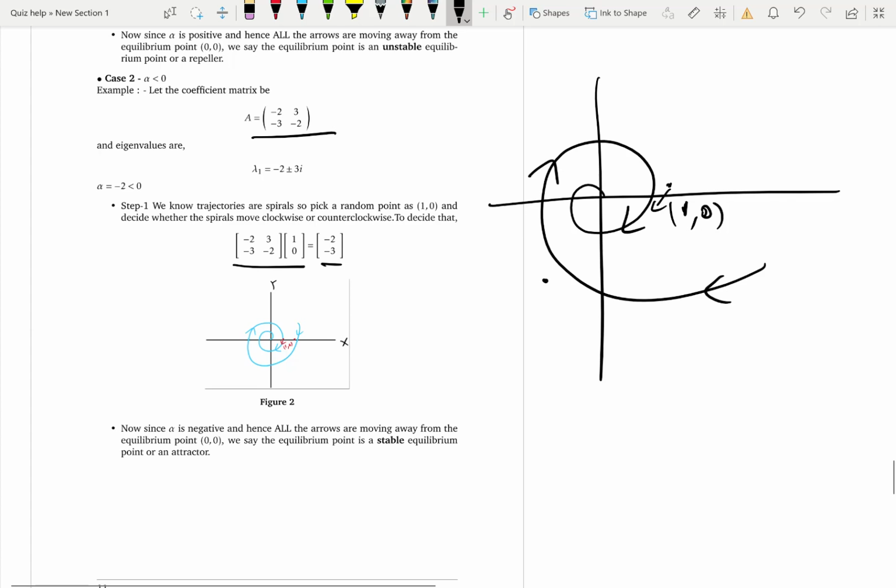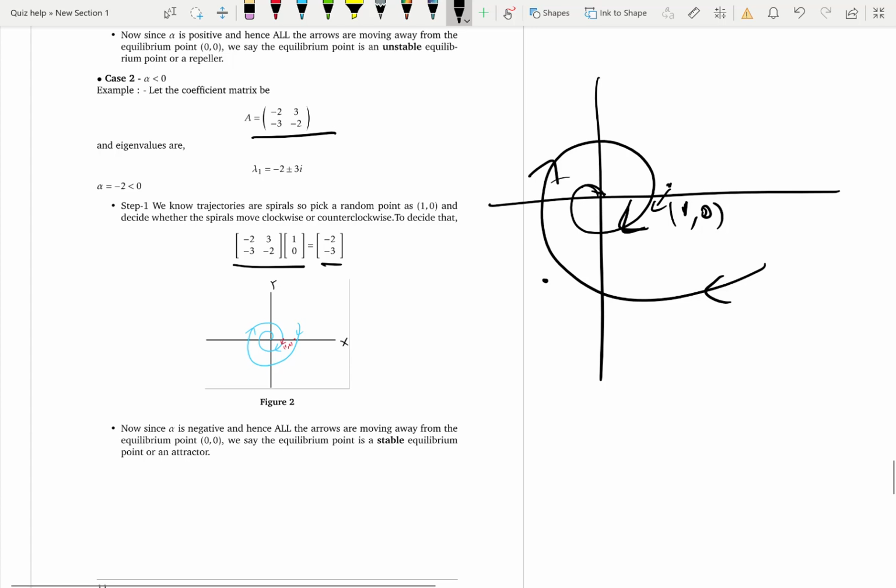The previous picture that I plotted was wrong because it did not approach when you drew clockwise arrows. So here, when you draw clockwise arrows, the special thing about this spiral is that it approaches 0. It's oriented so that it approaches 0. So you have to keep those two things in mind when you draw the spirals.